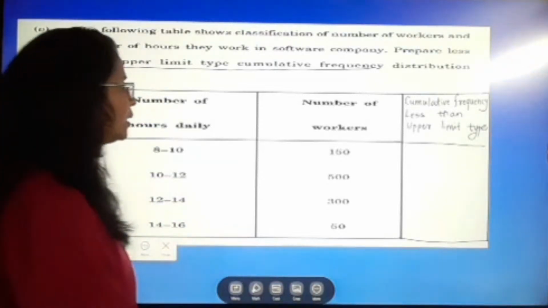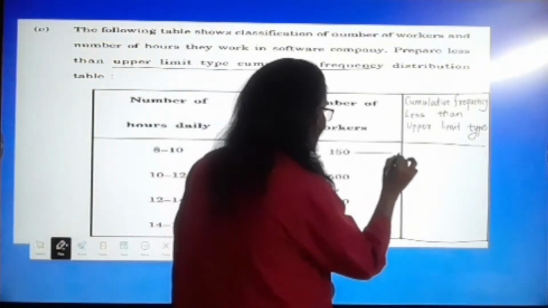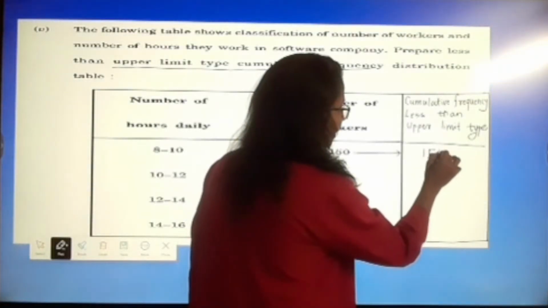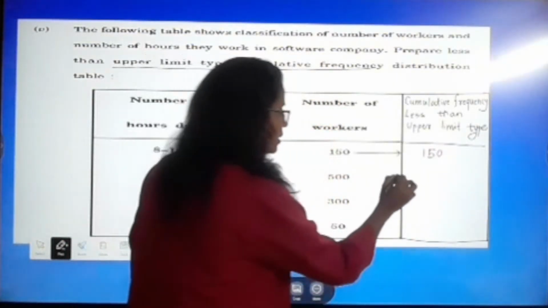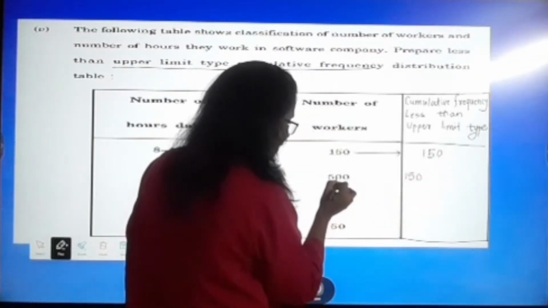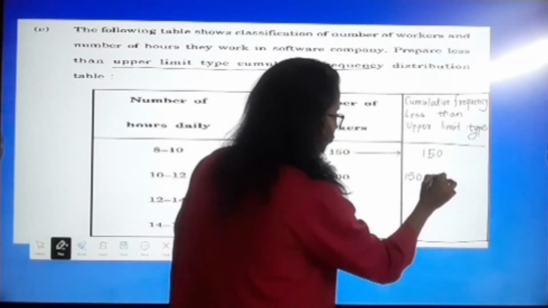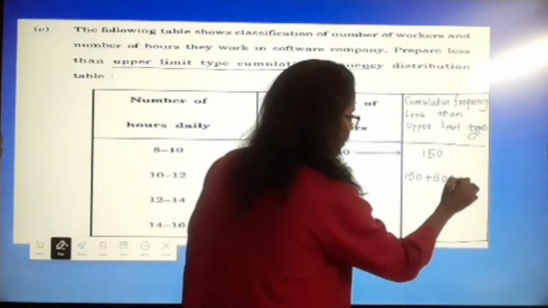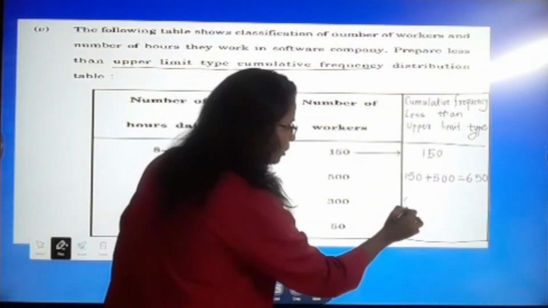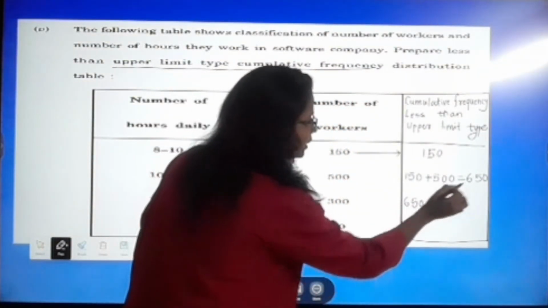you write the first frequency as it is in this column, 150. Then here students, add this 150 to this 500, that is equal to 650. Write down the 650, this answer first.